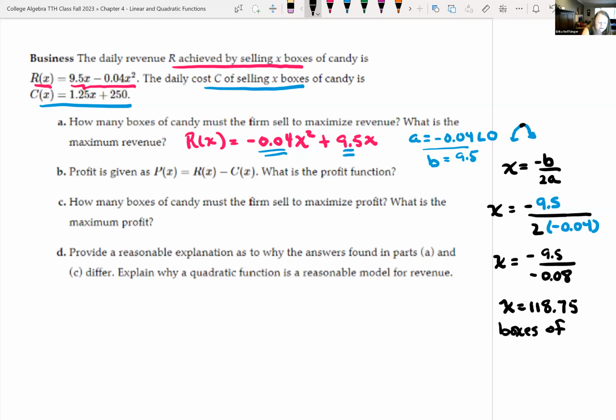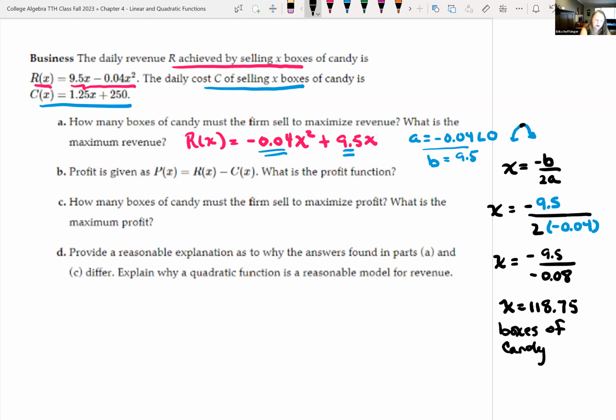Okay, but if we think about our question, it doesn't make sense to sell a portion of the candy. If I round it upwards, that's actually going to be giving me less.